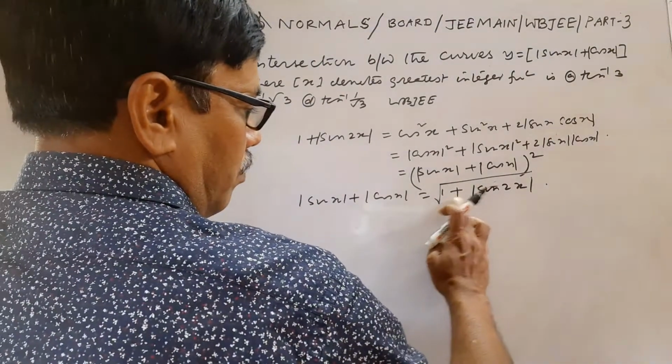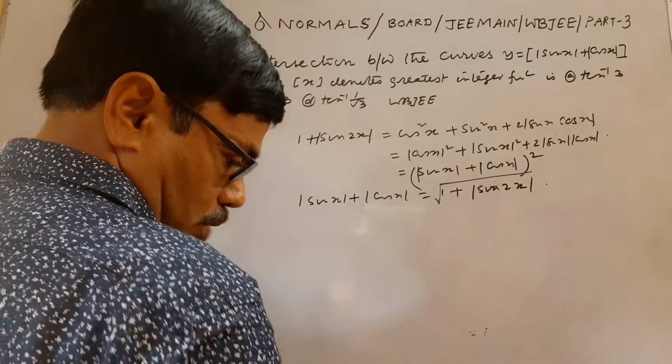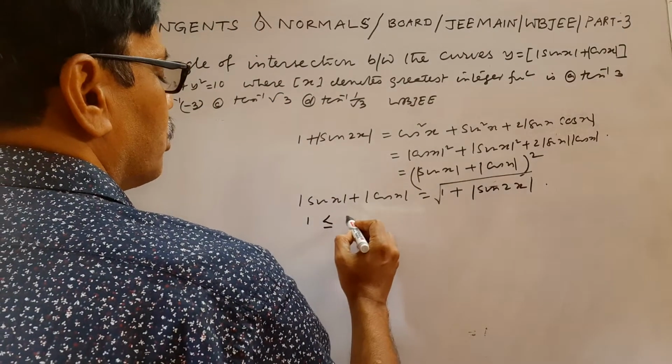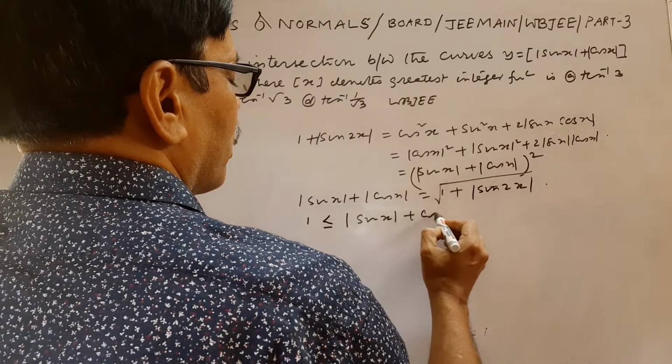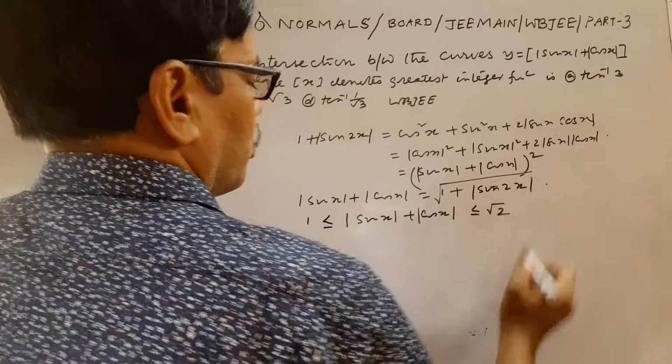Now its maximum value is root 2, and minimum value is 1. Therefore 1 is less than or equal to mod sin x plus mod cos x, less than or equal to root 2.